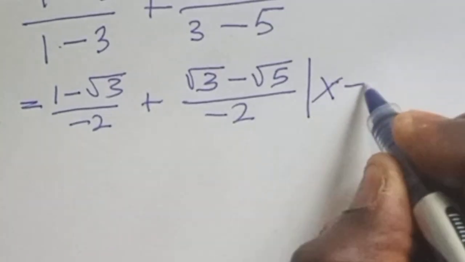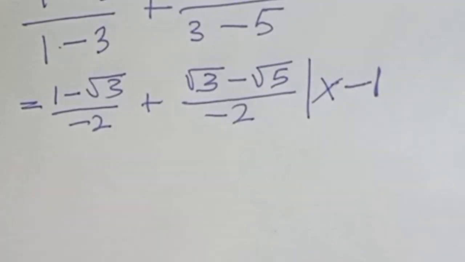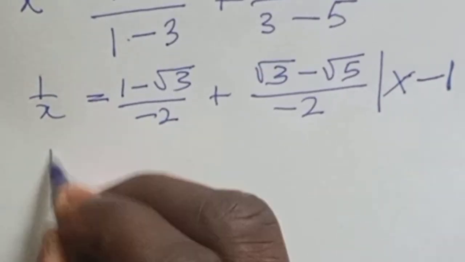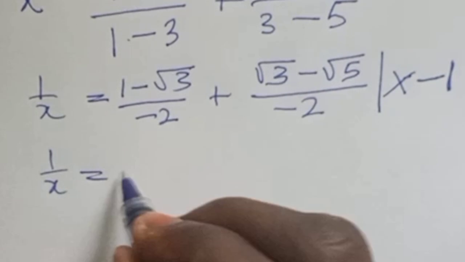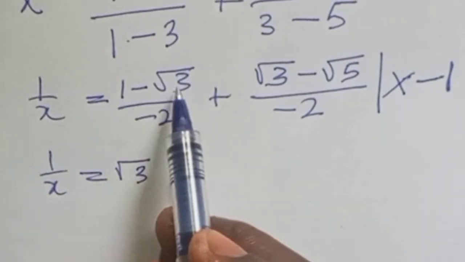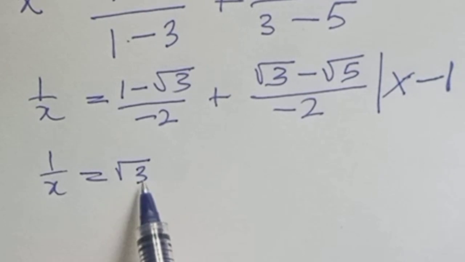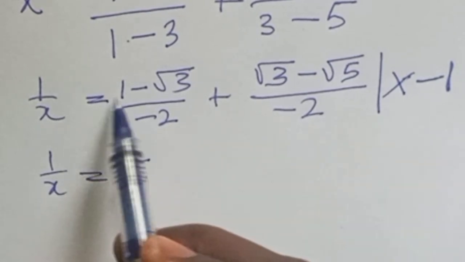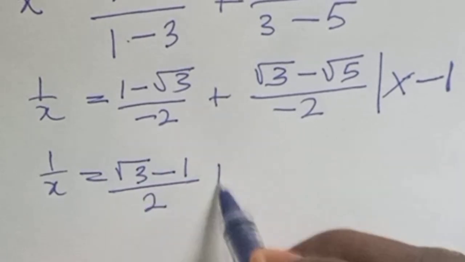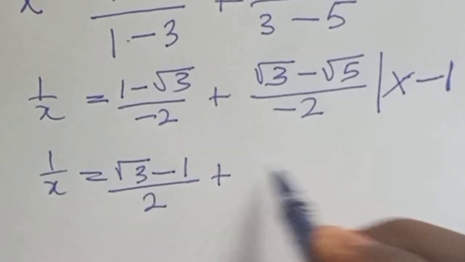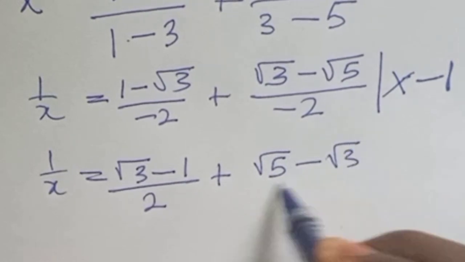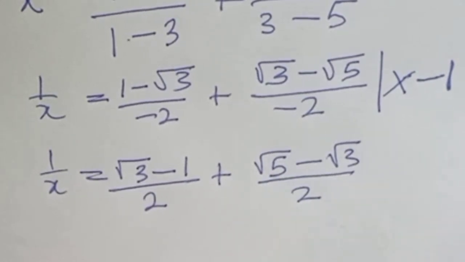So let's multiply through by minus 1 so that we can have 1 over s equal to square root of 3, because minus times minus square root of 3 is plus square root of 3, minus times plus 1 will therefore be minus 1, all over 2, plus here square root of 5 minus square root of 3, all over 2.